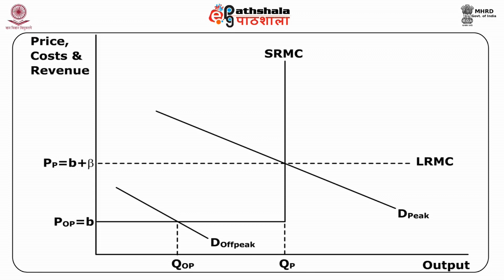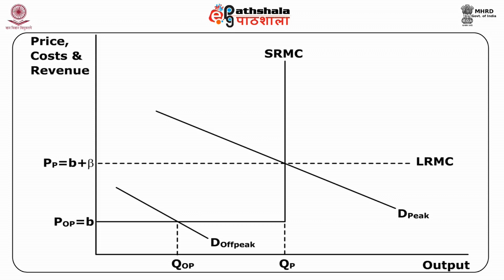Thus, the firm has a rigid plant size with SRMC equal to B for output levels smaller than QP, the optimal plant size in the given figure. At this output level, the SRMC curve becomes vertical, reflecting that increasing output beyond this level requires increasing the firm's capacity, in terms of maybe building another plant.